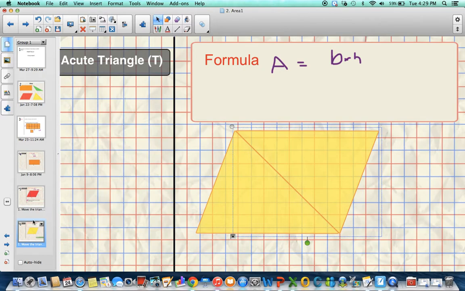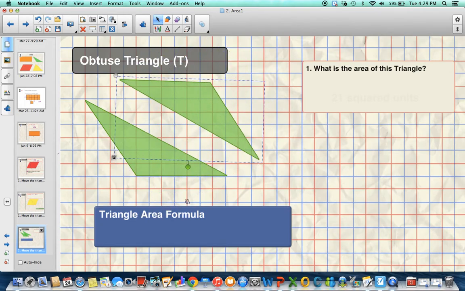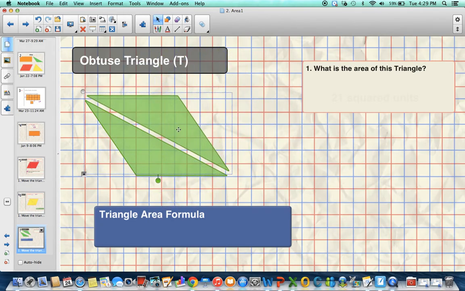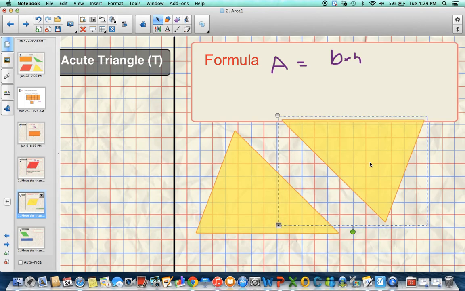It doesn't matter if it's an acute triangle or if it's an obtuse triangle. If I spin it, I will always end up with the same shape, which is a parallelogram. So if I know area equals base times height for a parallelogram, I have half of one. So it would be 1/2 base times height.